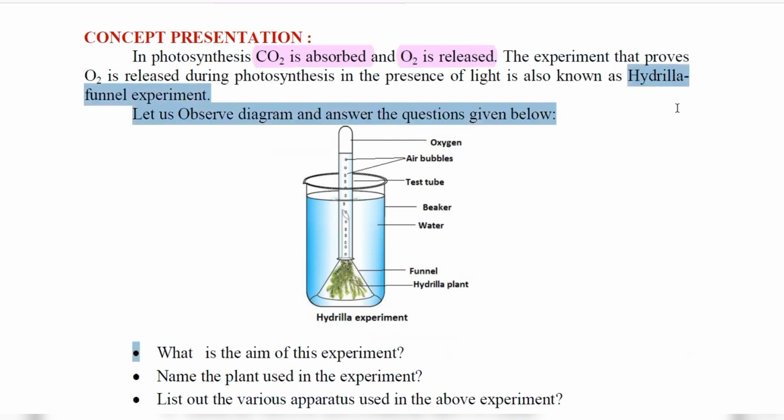Because in this experiment, we used a plant to prove oxygen is liberated during photosynthesis. We used an aquatic plant, that is hydrilla. Hence this experiment is the hydrilla funnel experiment.